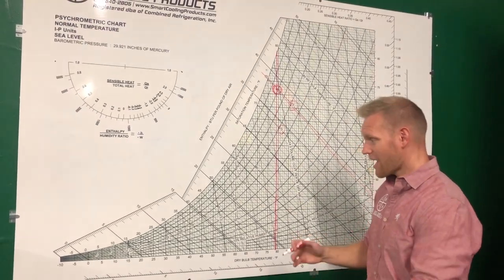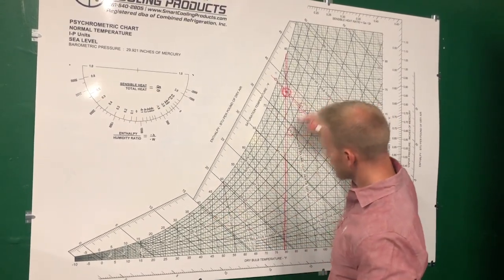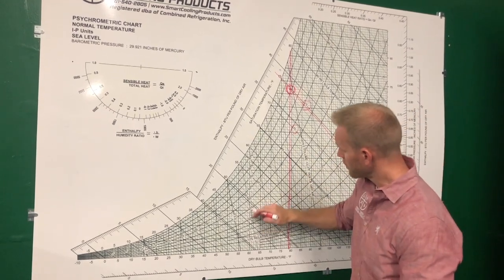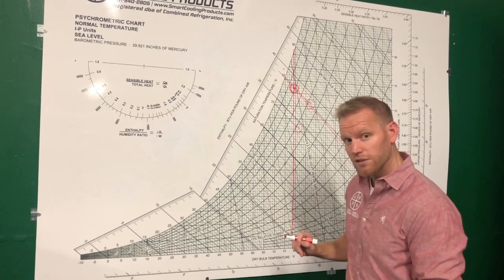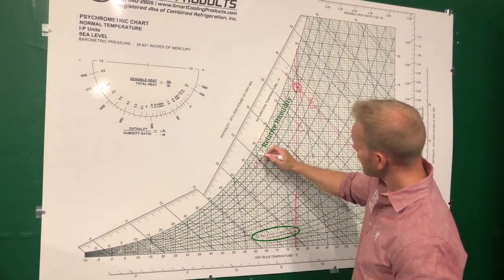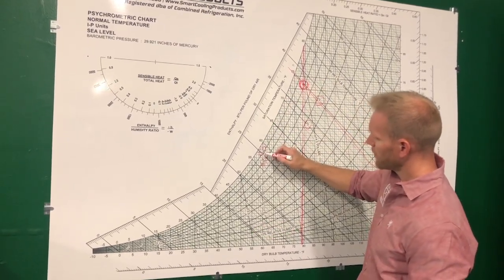If we wanted to say that another way, we could look at our relative humidity lines, which are these arced lines going through the chart, and we could determine by where our plotted point is what percent the relative humidity is in this space. And you'll see this is 80 and 90, so 80% relative humidity and 90%.